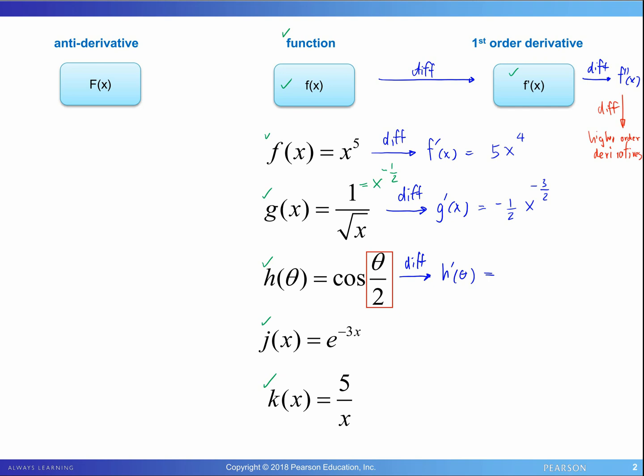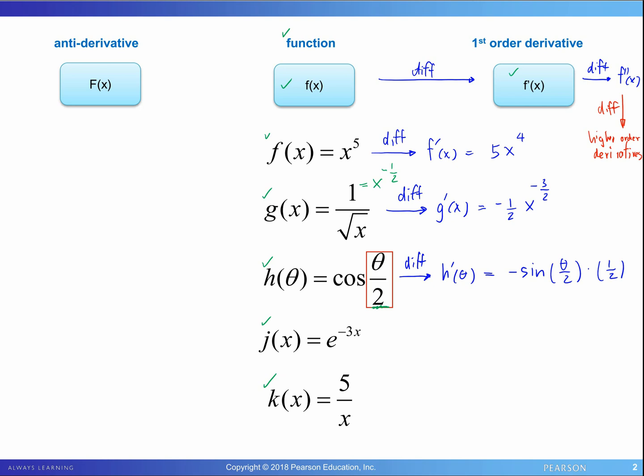I diff cosine, I get minus sine. So minus sine right here. And I keep the inside of the box the same, leave it alone. So I still have theta over 2 right here. And now I diff the inside of the box, diff this, I get 1 over 2. So I get 1 over 2 right here, and I multiply that to the first term.